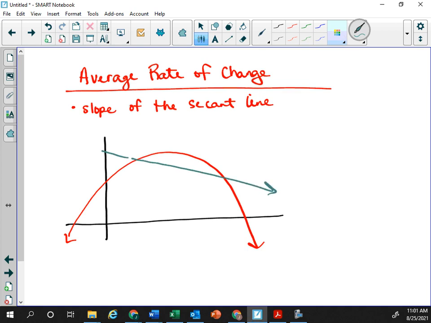Draw a secant line. I'll call this first point A, f of A. I'll call the second point over here B, f of B. Take a second to jot that down and then the formula.